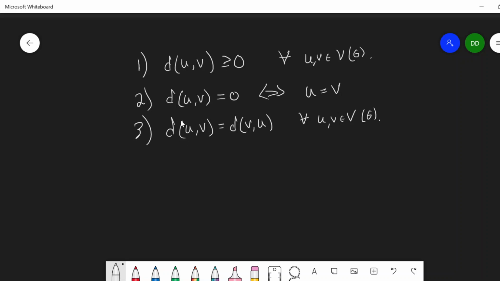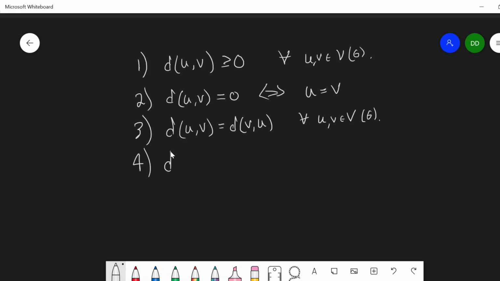And therefore the distance from u to v is the same as the distance from v to u. Now, this is an important one because instead of saying a distance from u to v, we can just talk about the distance between two vertices rather than from one to the other. Since it doesn't matter which one comes first, there's no loss in generality there.